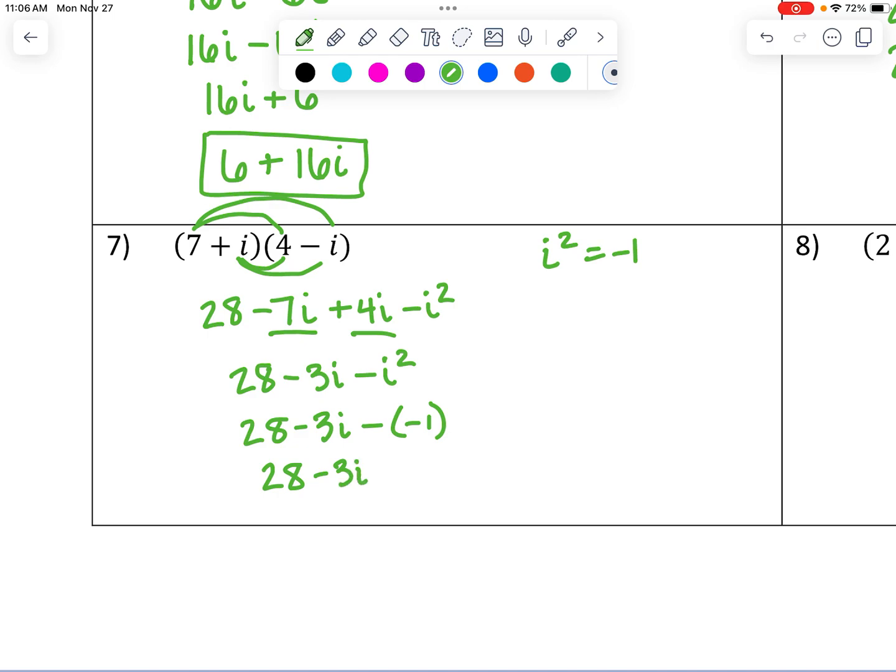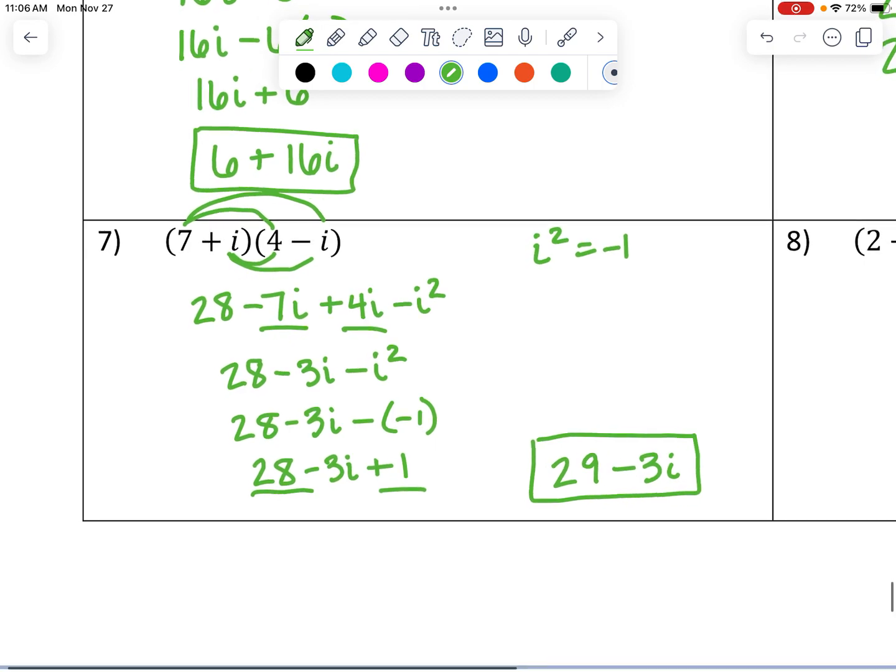You'd be able to do these in fewer steps if you wanted. So I have 28 and positive 1, because the minus negative. Combine my real numbers. I'm going to get 29 and minus 3i. It is in my complex number format, real number, then imaginary. So still replacing that i squared, but you have the added step of combining some like terms there.